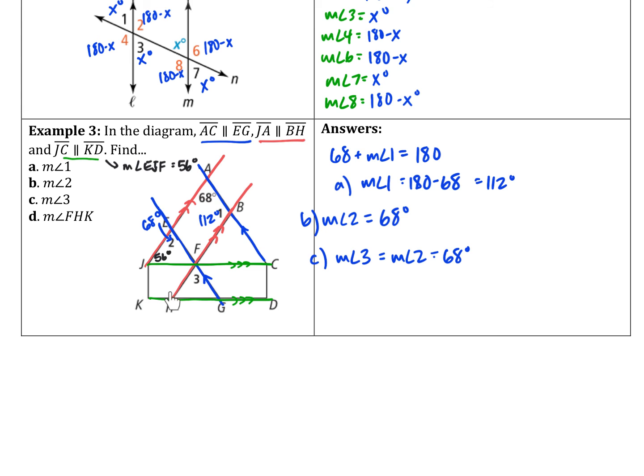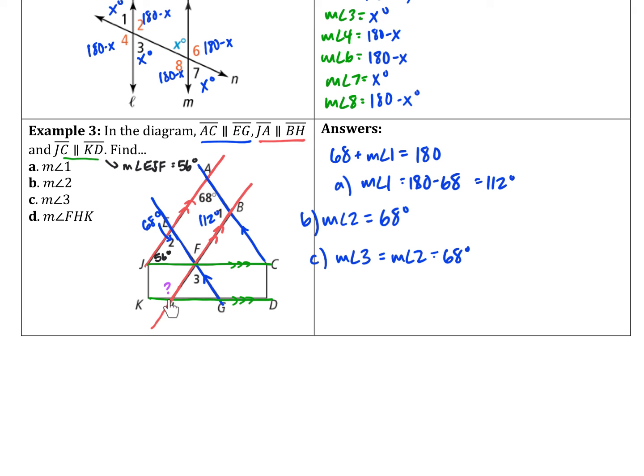Now finally we have to find the measure of angle FHK. So I'm going to put a little question mark down there just so I remember which angle I'm finding for part D. Now this one uses one of the green segments. So I'm going to bring in this other green segment here. So I have these two parallel segments, and then the line that connects H to B is going to be my transversal.